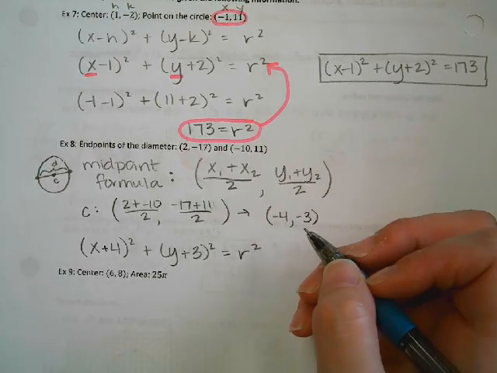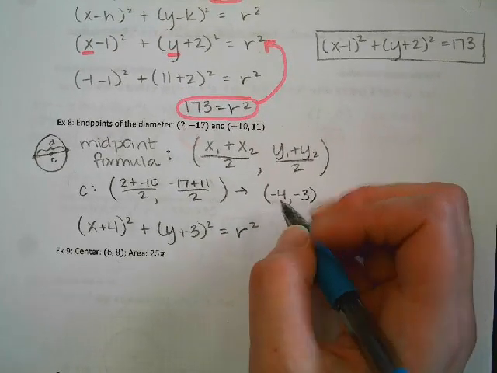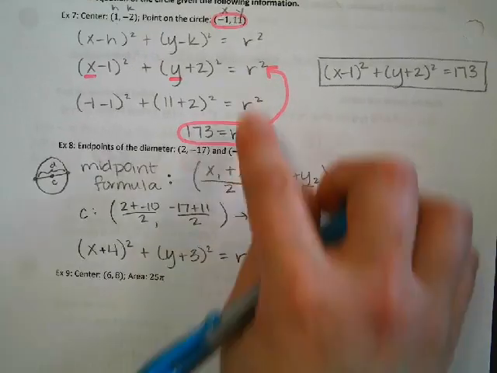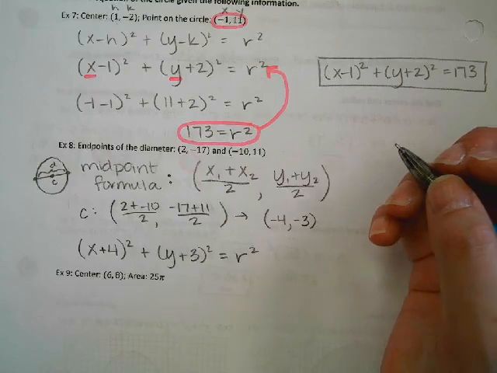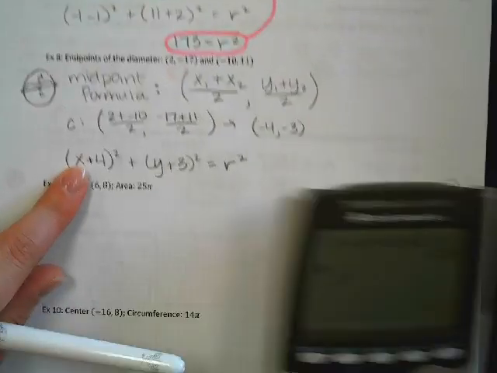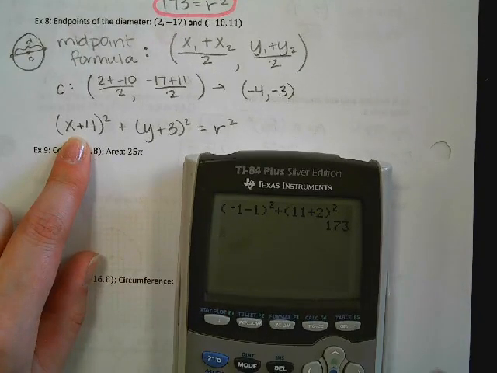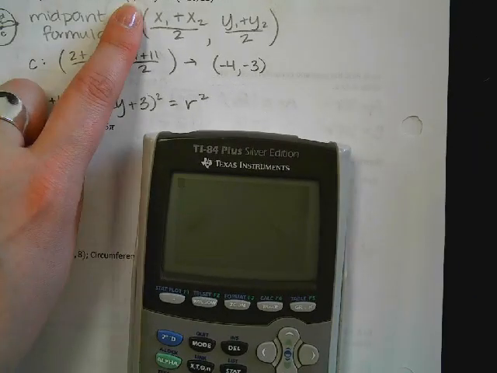Again, I don't have the r, but what I do have this time is an x and a y and an x and a y. So this is very similar now to example number 7. It doesn't matter which x and y you choose. All that matters is that you plug them in. So I'm going to just use the first one.